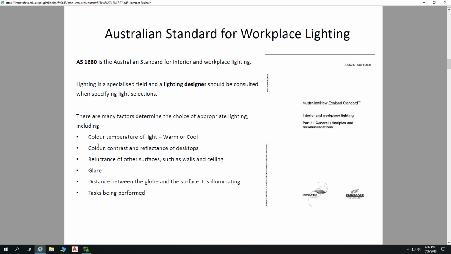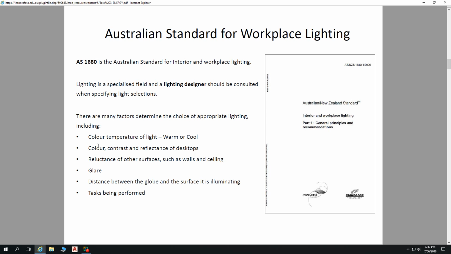Typically, the thing we're most concerned with is the amount of lumens that are put out by the lights. But there are many other aspects covered in the Australian standard, and g'day Dina, many other aspects that lighting designers have to consider. And lighting design is actually relatively difficult. There's a lot that goes into that lighting design. We'll cover a little bit of that tonight.